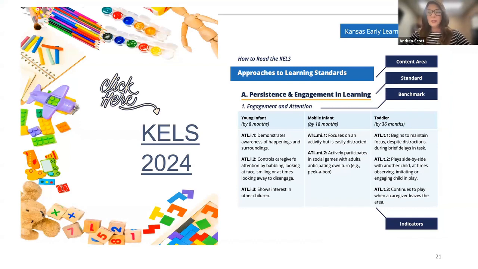So also when we're referring to the 6 stages of play, I also have to refer to the Kansas Early Learning Standards. For the sake of time, we don't have time to go into this, but I want you to really utilize the Kansas Early Learning Standards because that has a wonderful breakdown. I would also encourage you to look at the approaches to learning because we can absolutely link approaches to learning.